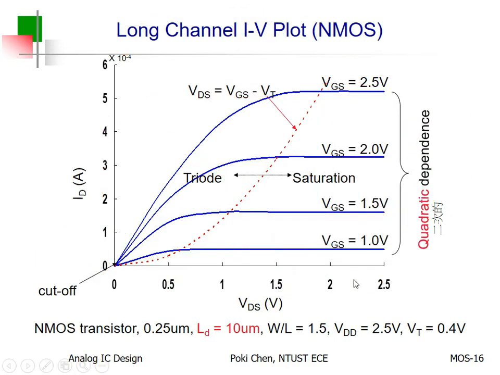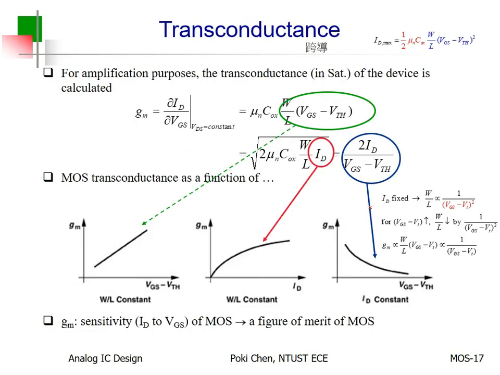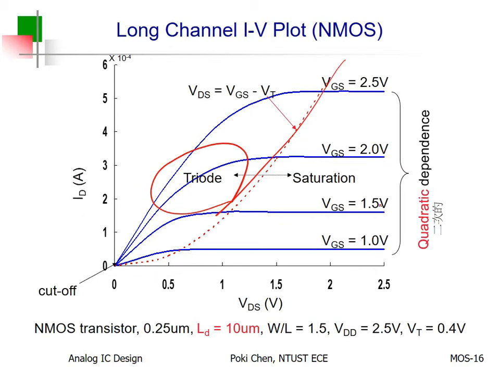Before leaving this page, allow me to show you. Again, this is for triode. And after pinch off, we call it saturation. Here is the saturation region. And we have cutoff.